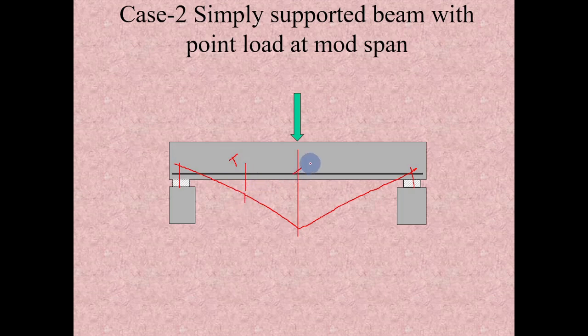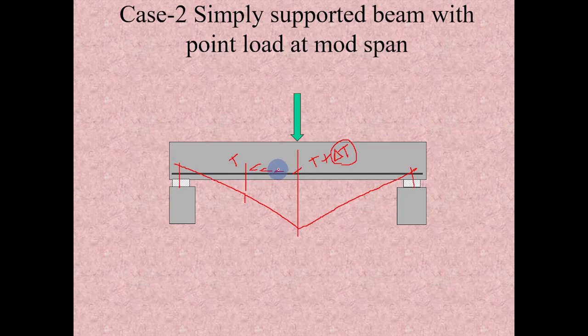And here the tensile force developed at this point, let us assume, is T plus del T. So the force T at this section is balanced by this tensile force, and the remaining component del T should be balanced by the bond stress developed between this reinforcement and surrounding concrete.